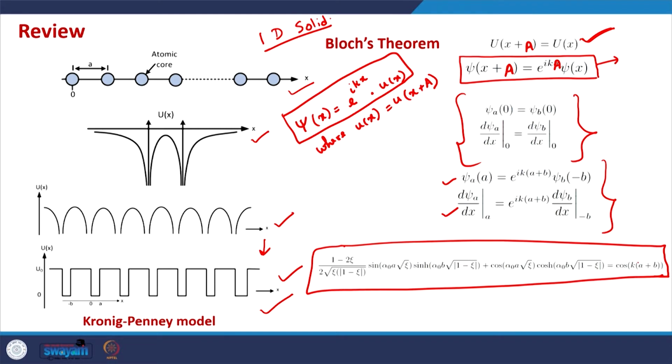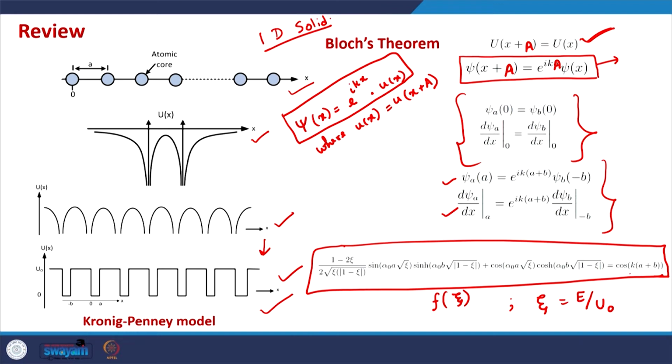On the left hand side we have a function of xi, where xi is essentially E by U naught, where E is the energy and U naught is the potential from the Kronig-Penney model.